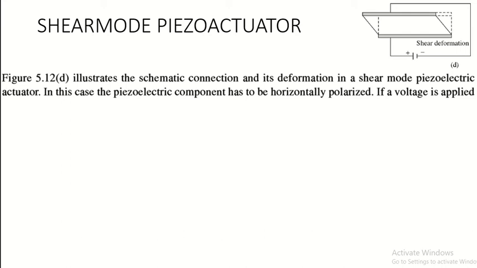It is the criterion that decides in which direction we bring the elongation or deformation. If we do not keep it in the horizontal direction, then the shear mode force will not be generated. Shear mode deformation will not be developed.